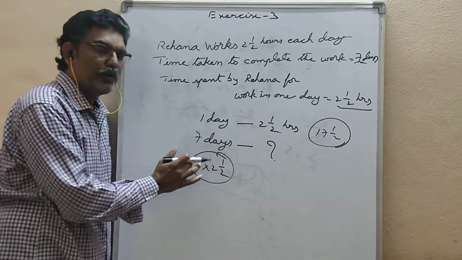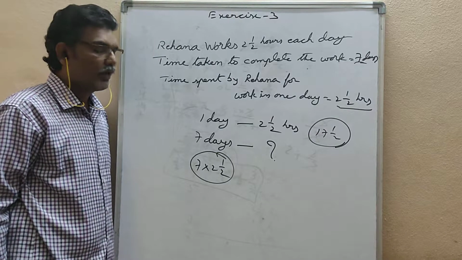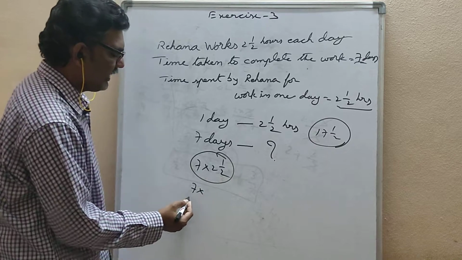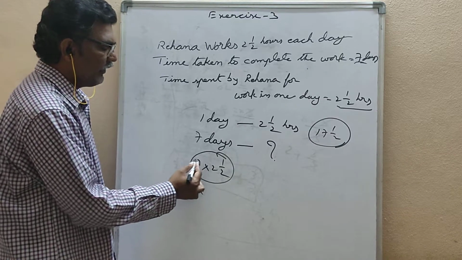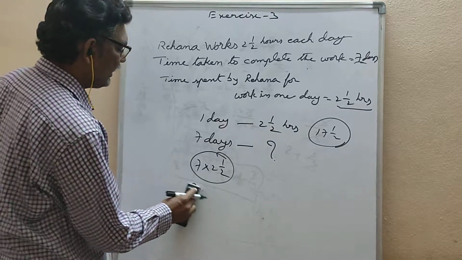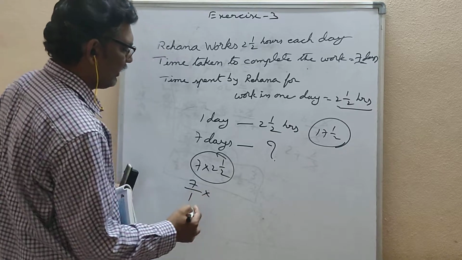So now what you have to do is multiplication with fractions. Here, 7. I said if a number is there and you want to write it as a fraction, write it as 7 by 1. 7 means 7 by 1.